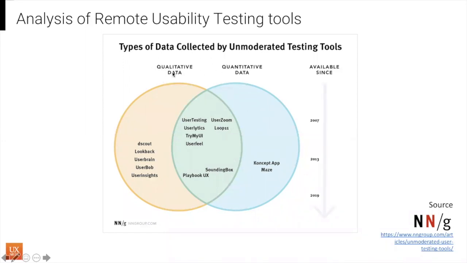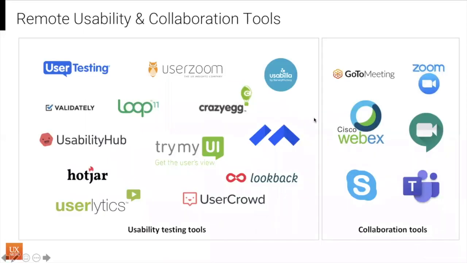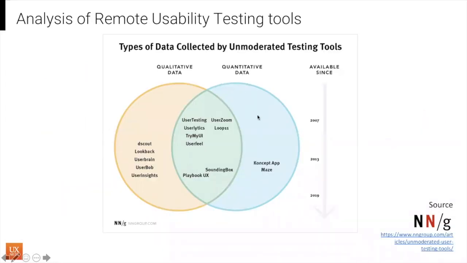On the qualitative side, UserTesting, Userlytics, Try My UI, UserZoom, and Loop11 are the tools which provide you both qualitative as well as quantitative data. Whereas Maze or Concept app are applications which provide more quantitative data. But as I said, if you combine a collaboration tool along with your usability testing tool, you can gather both kinds of data.